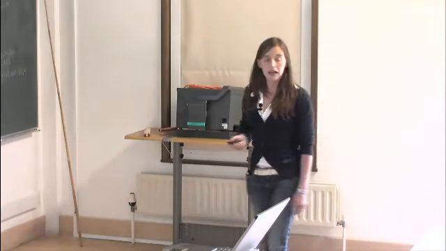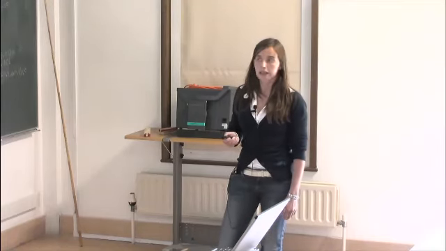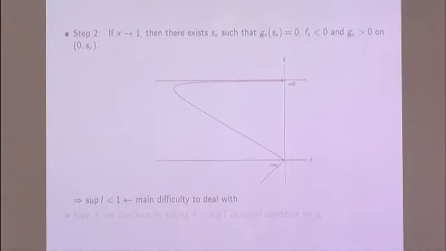This implies that the supremum of the set I is strictly smaller than 1. Actually, this is the main difficulty to deal with, and this part of the proof contains the novelties of our argument.